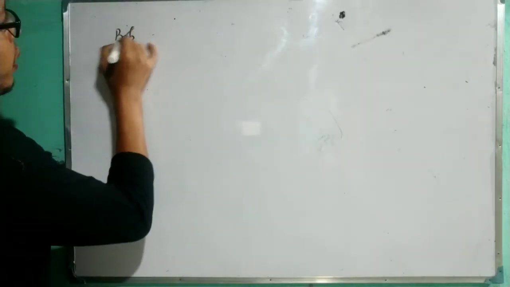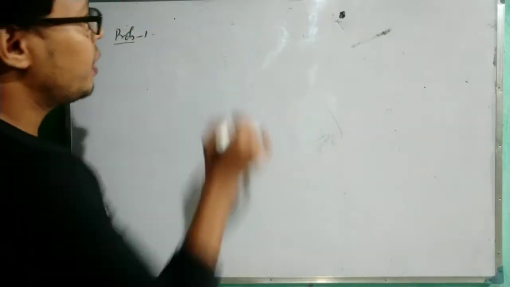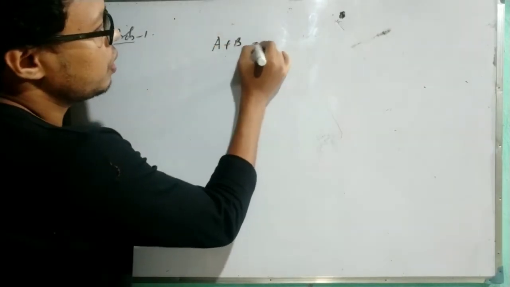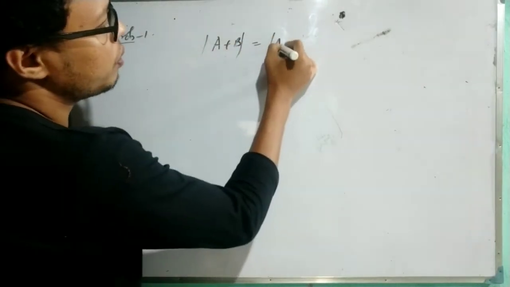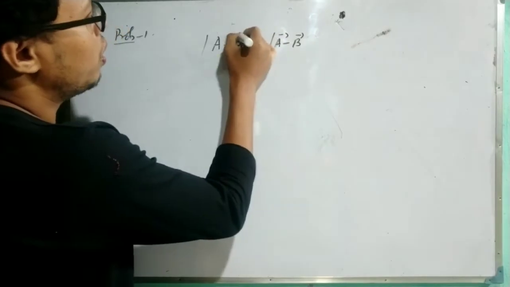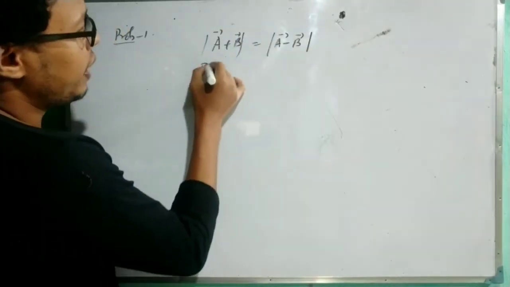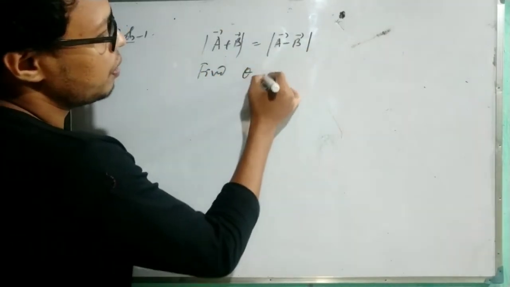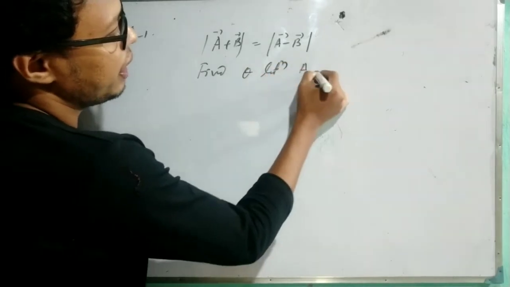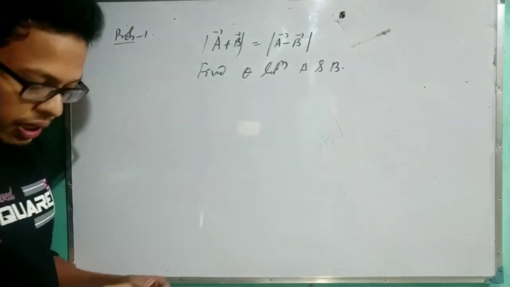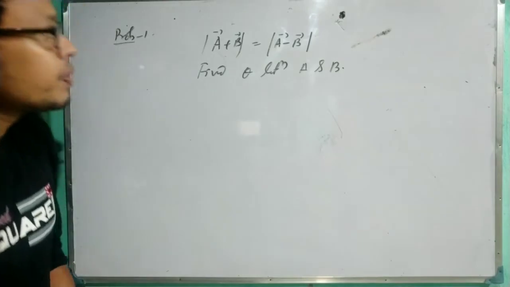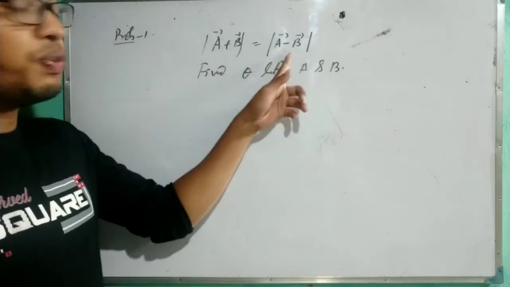Suppose problem number 1. Suppose you are given mod of A plus B equals mod of A minus B, all are vectors. You have to find the theta between A and B, the angle between A and B. What will be the value? Look, this is for addition, this is for subtraction.